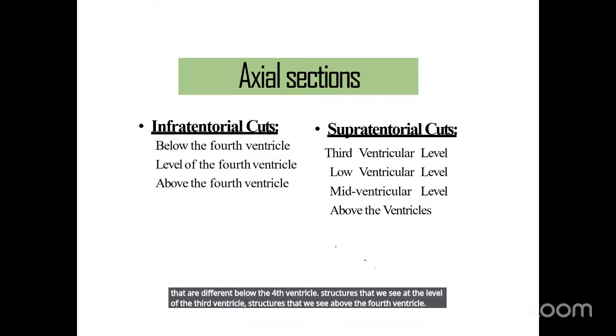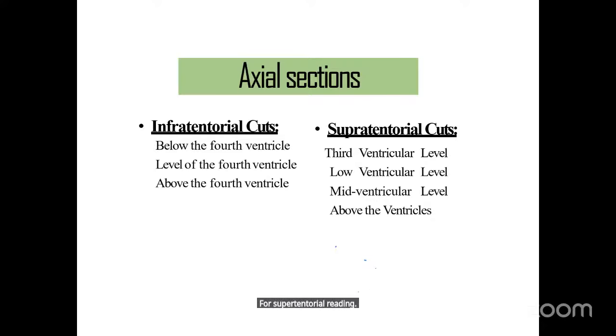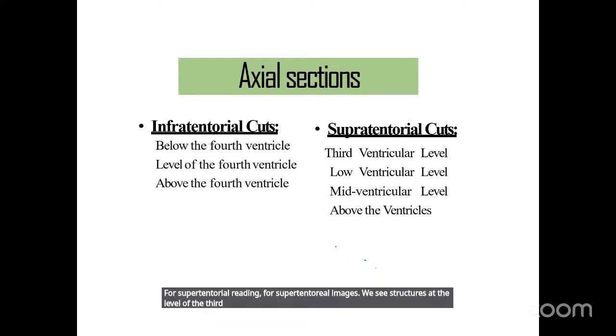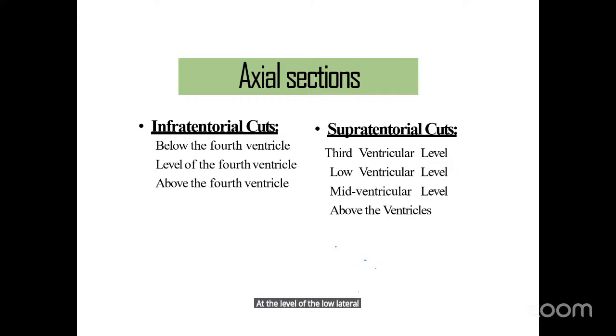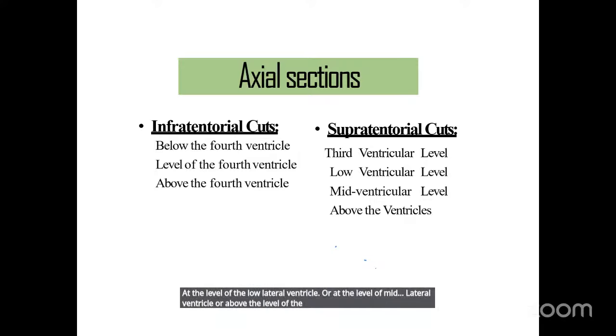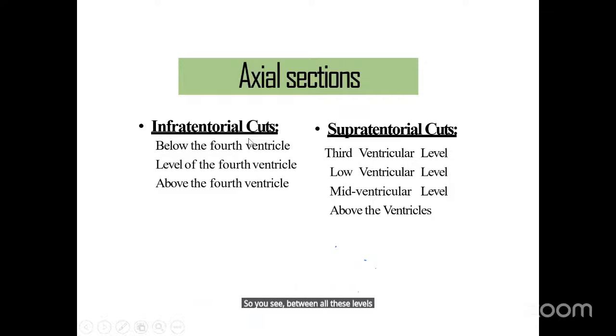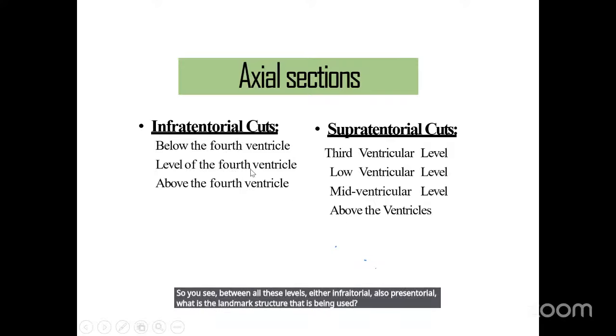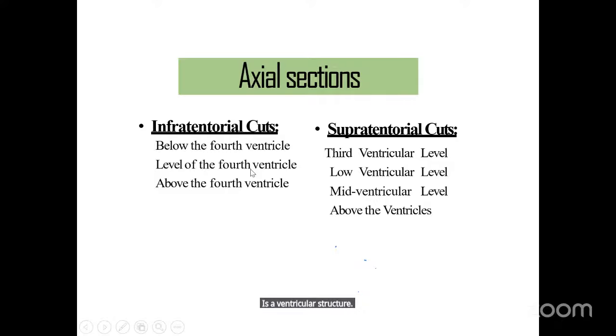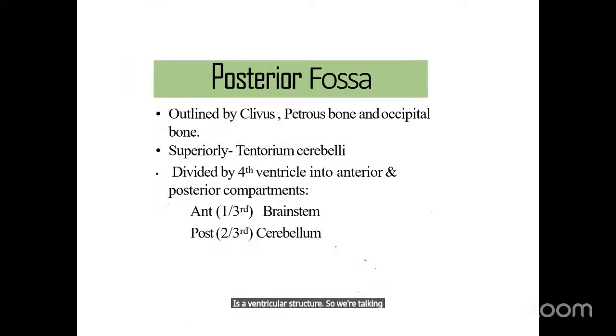For supratentorial images, we see structures at the level of the third ventricle, at the level of the low lateral ventricle, or at the level of the mid lateral ventricle, or above the level of the ventricle where we don't see any ventricular structure. So you see, between all these levels, either infratentorial or supratentorial, what is the landmark structure that is being used? It's a ventricular structure. So the ventricular structure all the time is consistent.